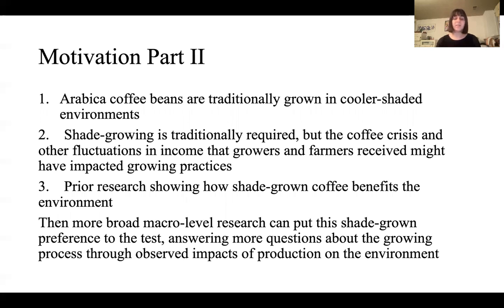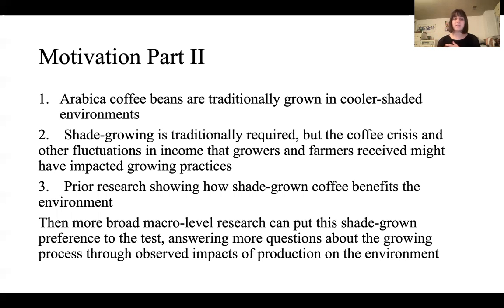This might have led them to take Arabica coffee beans out of their traditional cooler shaded environments and place them into more sun-grown environments, which would have sped up their growing cycles to ensure that a higher number of beans could be produced so that they could earn more profit and make up for some of that lost income. However, in the process of taking those coffee beans out of their natural environment, growers and farmers rely on a lot more pesticides and chemicals to ensure a certain quality of the bean is met.